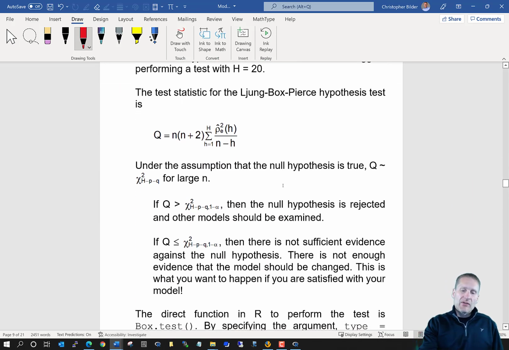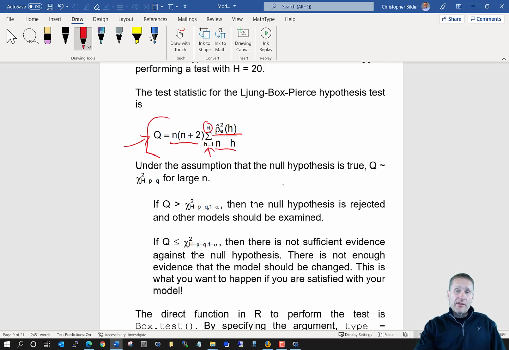The actual test statistic, and we're not going to go through a derivation of it, is often referred to as Q in practice. This has nothing to do with how we've used the letter Q in the past. You simply take your sample size times the sample size plus 2, and you sum over all your autocorrelations for the residuals up to lag H. You take your autocorrelations, you square them, you divide by n minus h.